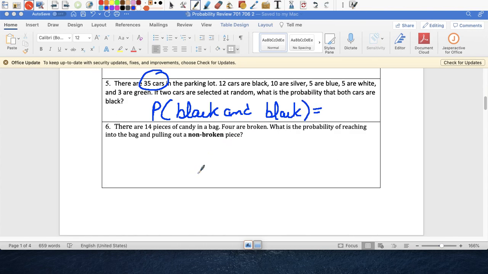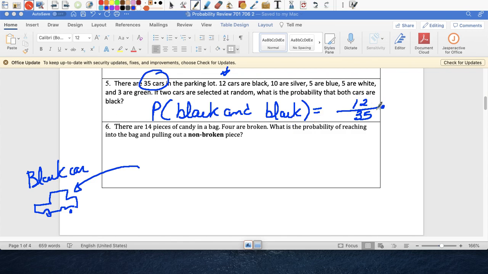So, what's the probability of getting a black car in the first try? Well, how many black cars? We have 12 black cars, right? So it's 12 out of 35. So we're going to take the black car and put it over here, right? Black car.